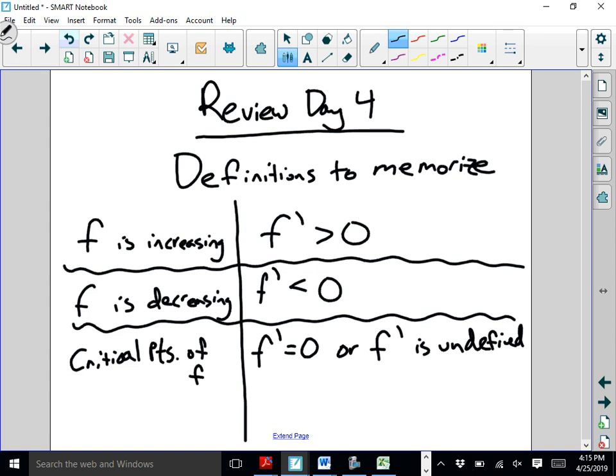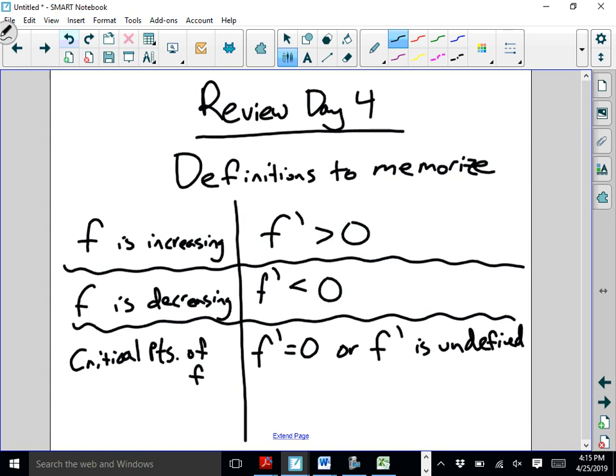Something could be undefined if at an x value we're dividing by 0, or we're doing the log or a square root of a negative number, something like that. Okay? Generally, it's usually just going to be when f prime is 0, but we have to be aware of f prime being undefined as well. Those are critical points of f.